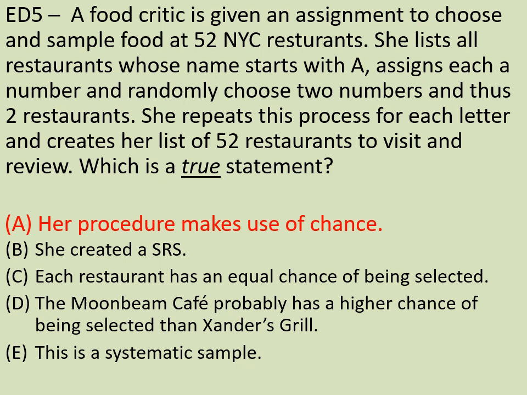There's not as many restaurants that start with X. So since there's fewer X restaurants, and she's picking 2 from that group too, those have more of a chance of being selected. And then systematic is a type of sampling that we don't really even talk about, but it does not apply here.